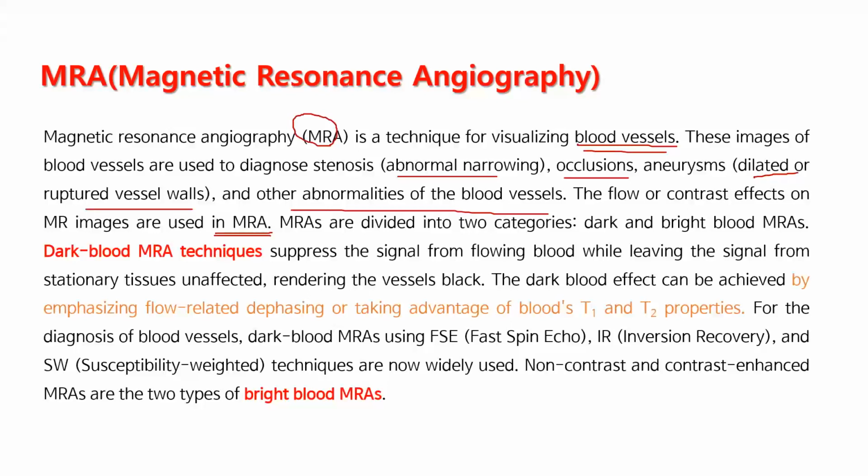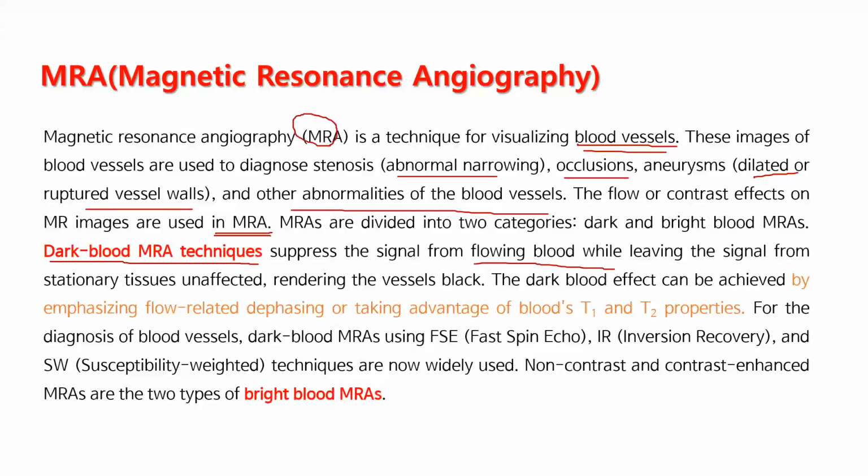MRAs are divided into two categories: dark and bright blood MRAs. Dark blood MRA techniques suppress the signal from flowing blood while leaving the signal from stationary tissues unaffected, rendering the vessels black.